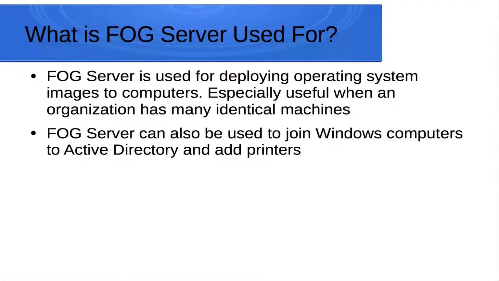So basically you can get a setup going where you can push out an image to a new computer and it will be joined to Active Directory. It will be able to print right from the get-go, and everything should be good.